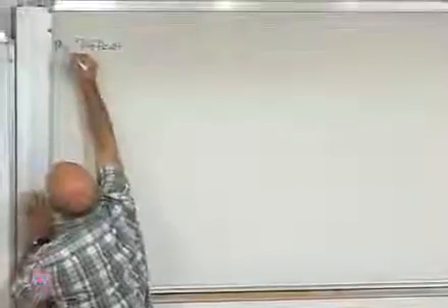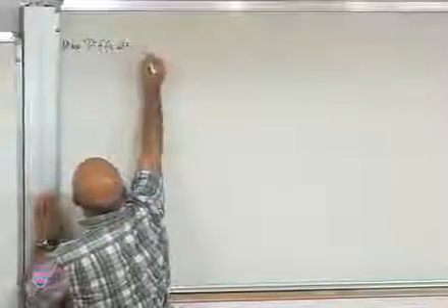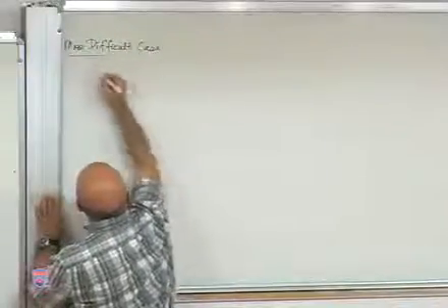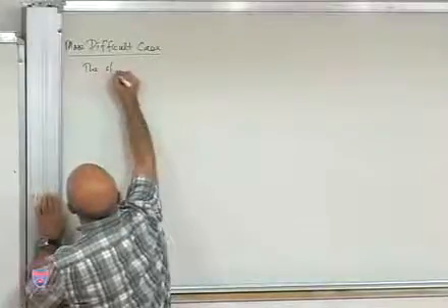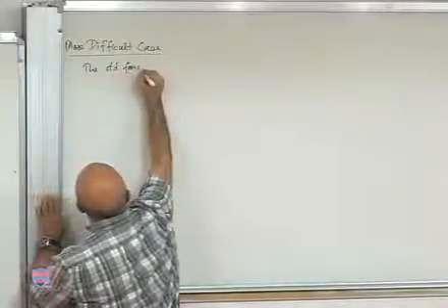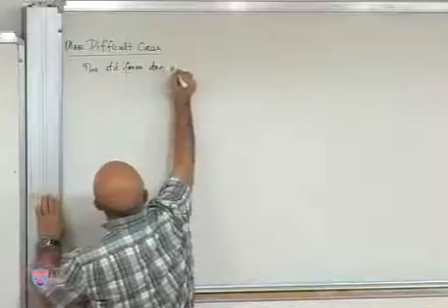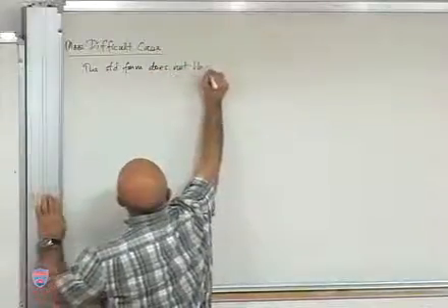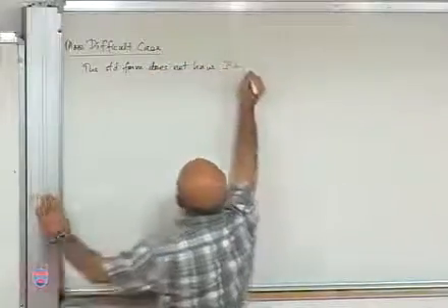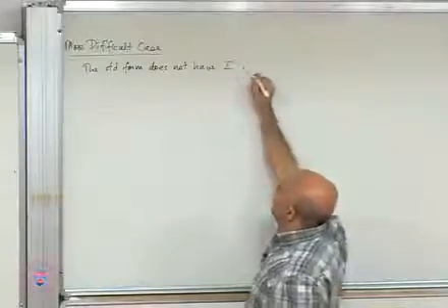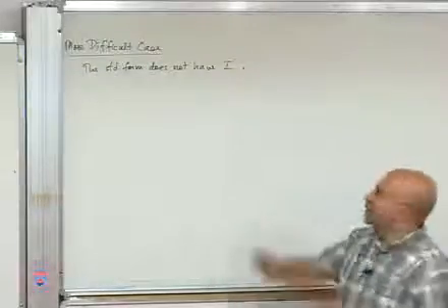Let's say more difficult. It's not really difficult, the more difficult case. Okay? The standard form of the problem does not have enough unit vectors in it, does not have the identity matrix I in it.